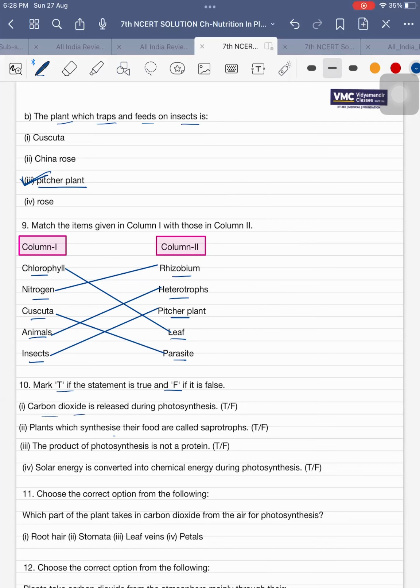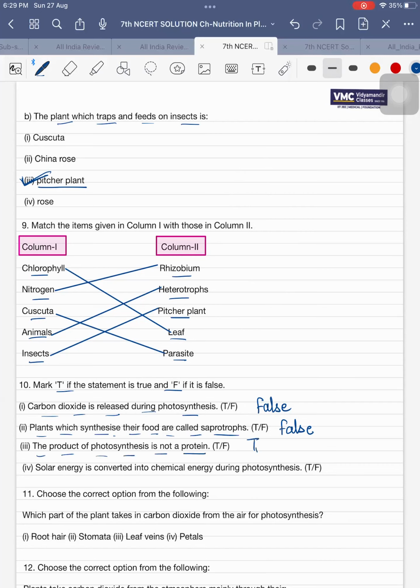Carbon dioxide is released during photosynthesis. False. Oxygen is released during photosynthesis. Plants which synthesize their food are called saprotroph. So it is false. Plants which synthesize their food are called autotrophs. The product of photosynthesis is not a protein.